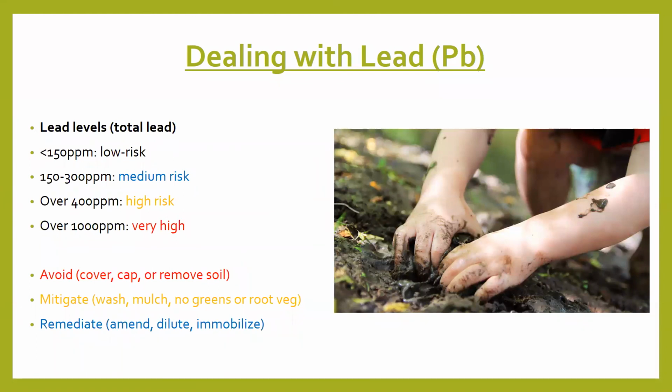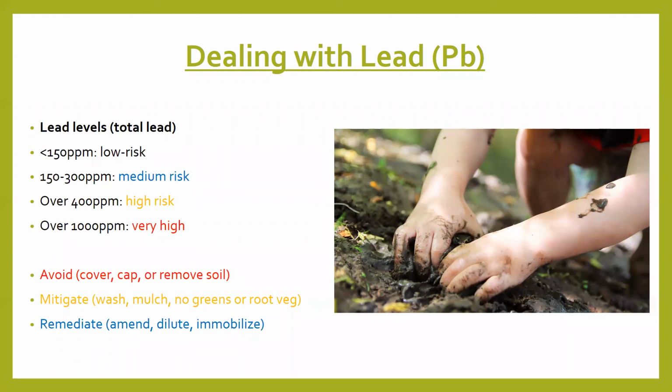And so below 150 parts per million, that's what we consider to be relatively low risk. Urban background levels in the city are somewhere around 125 to 130 on average. Naturally occurring lead in the countryside around here may be between 20 and 50 parts per million. So we start to get above that, but still under 150, and we think of that as relatively low risk.